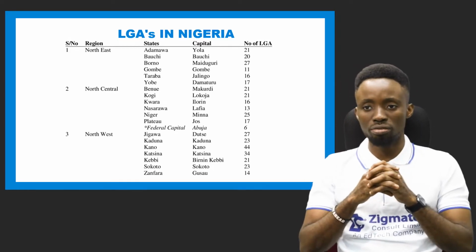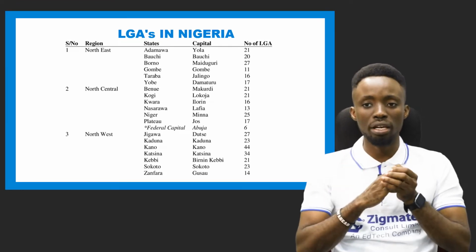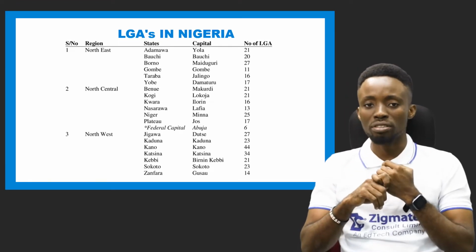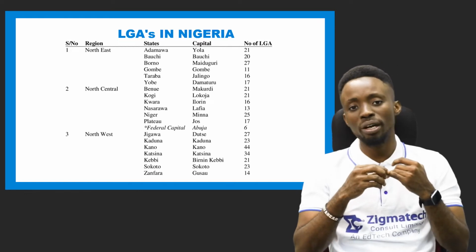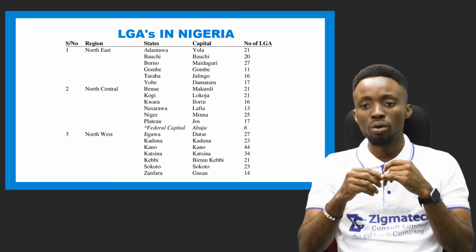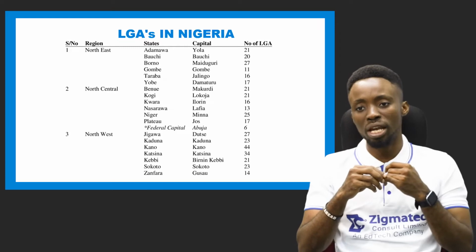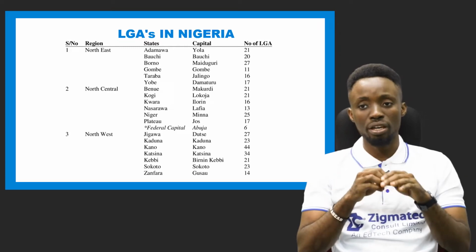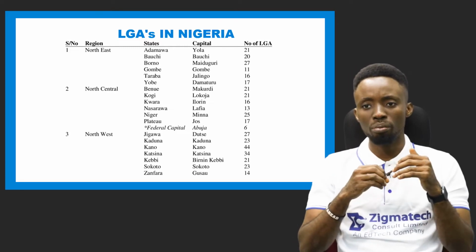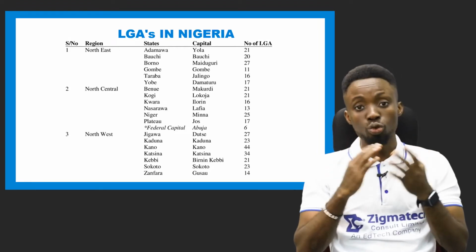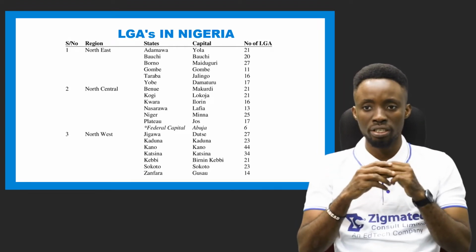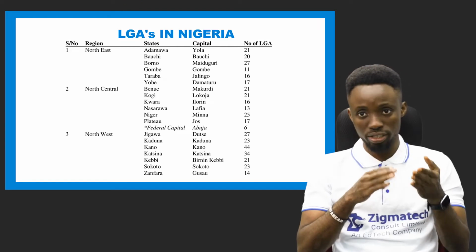Now we go to the North Central. Now in the North Central, we have states like Benue, Kogi, Kwara, Nasarawa, Niger and Plateau, with the FCT there too. Now for Benue State, Benue has 21 local government areas, as well as Kogi State too.